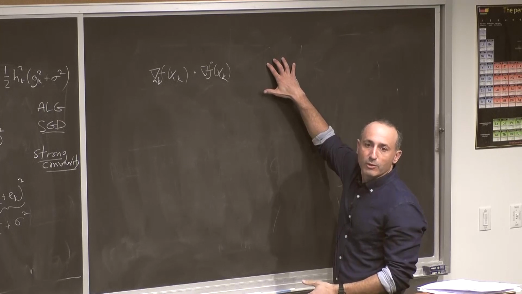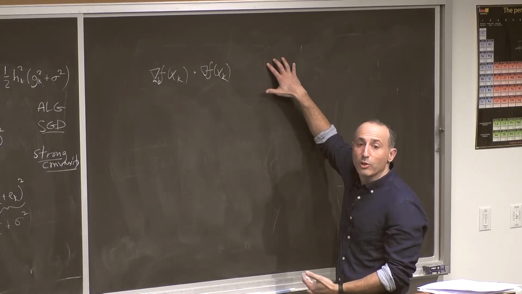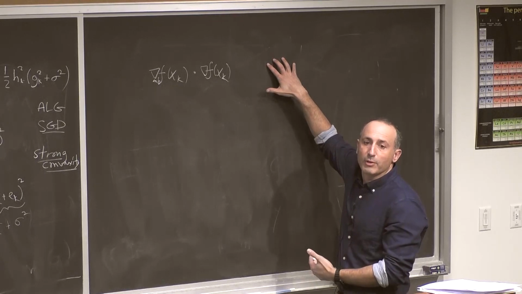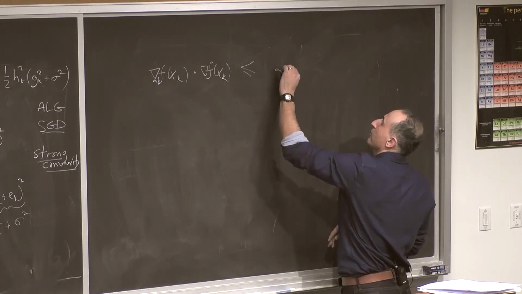There's a right-hand side that you can control, that this is bounded below. So you don't want this to be 0 or negative. So you want to just control this by something of the form.